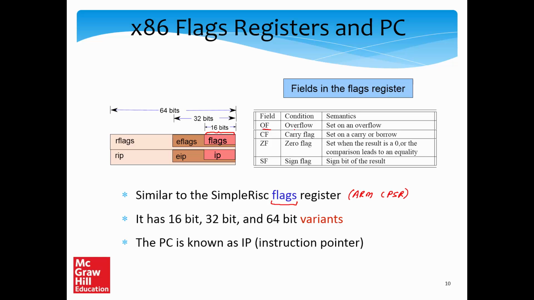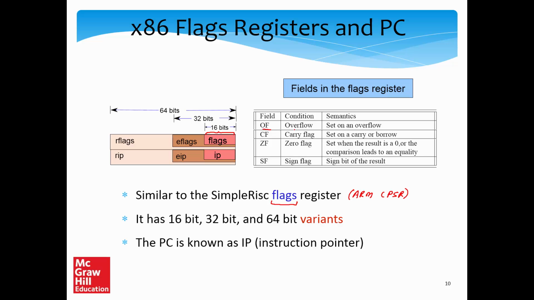Then we have the zero flag ZF, which is set when the result of a comparison, or of any other instruction which can set a flag, has led to an equality. Let's say, in terms of assembly language, we are comparing registers EAX and EBX.